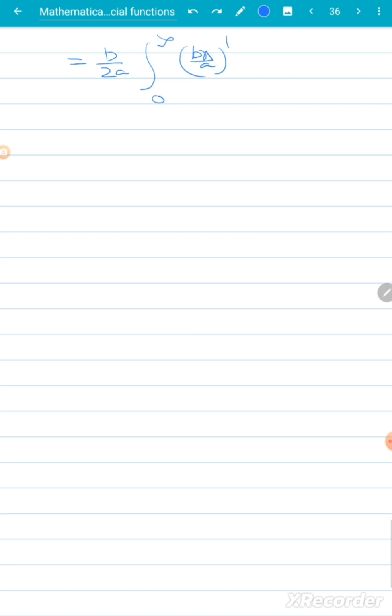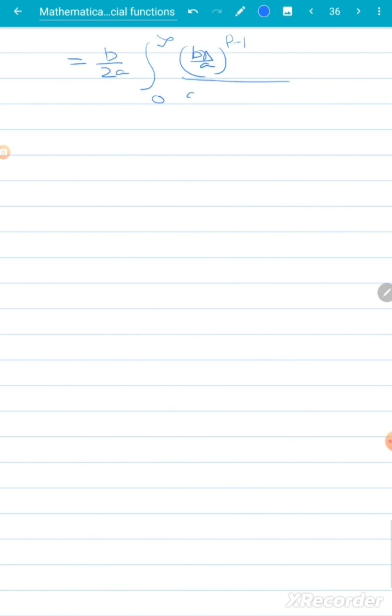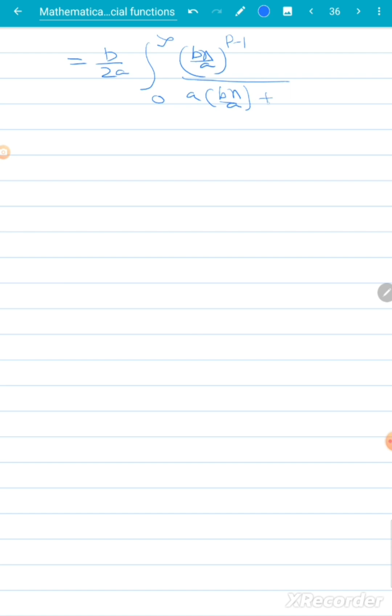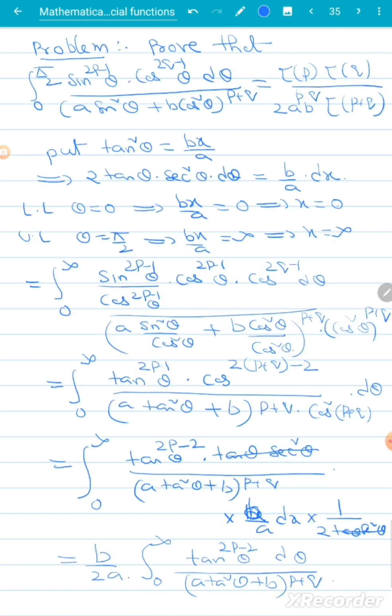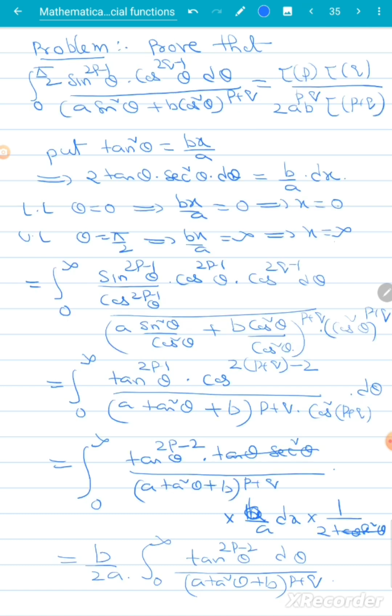Bx by a to the power of p minus 1, by a into bx by a plus b, to the power of p plus q into dx.